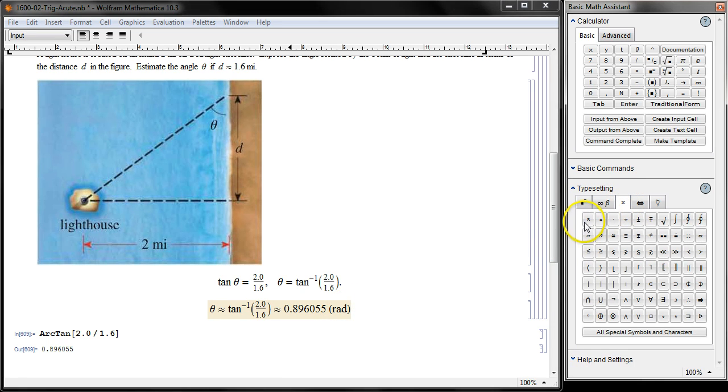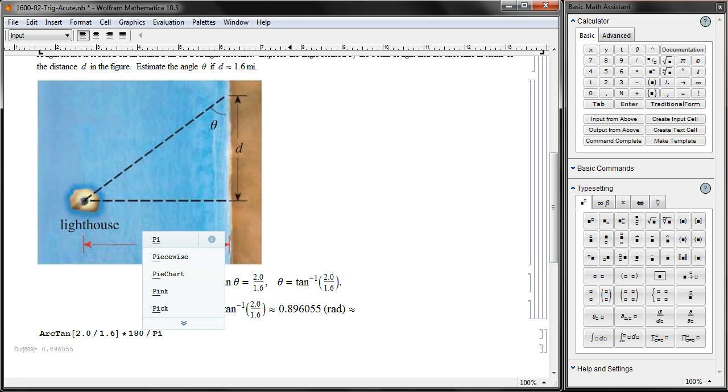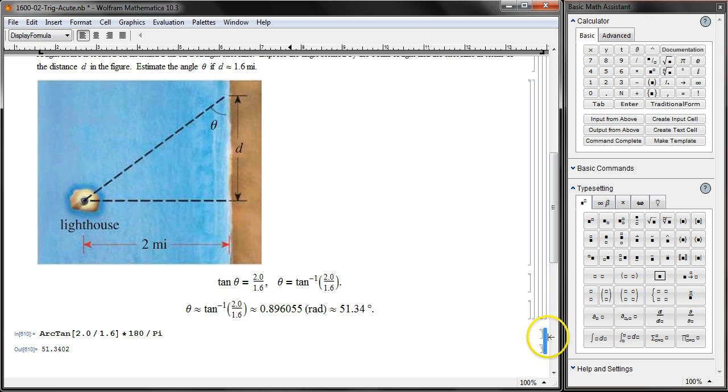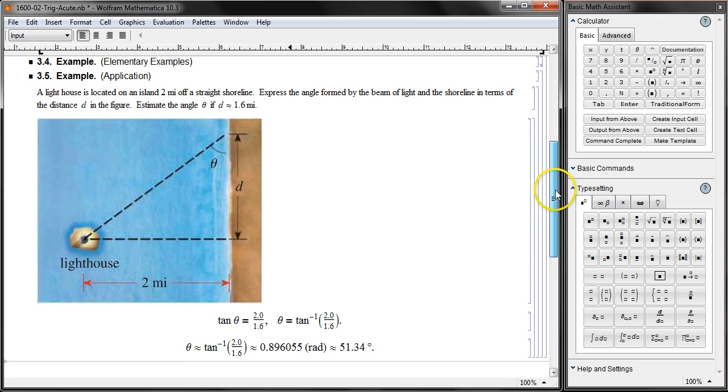In terms of DMS measure, you have to multiply by 180 over pi, and that's going to be 51.34 degrees, approximately speaking. In this problem, the problem did not specify which measurement, so anything would have been okay, but my preferred answer is both radian and DMS.